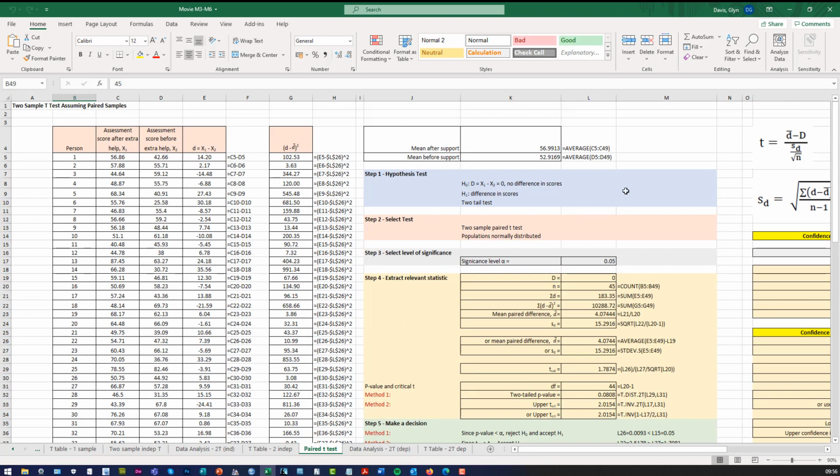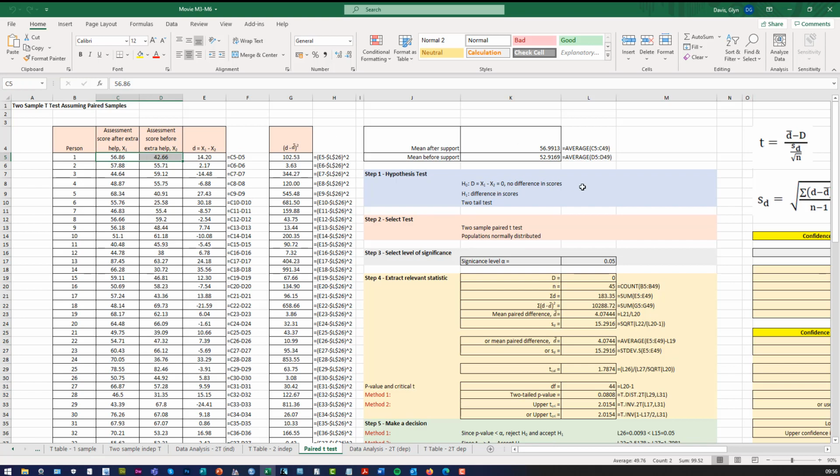What we want to do is see whether or not there is a difference in the population scores between each person. So is the mean value of the difference between those scores, for all different people within that sample, 0?